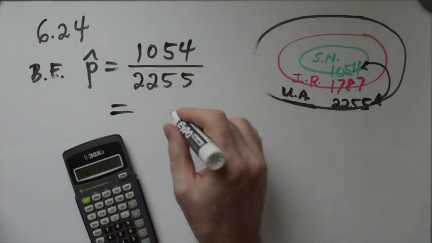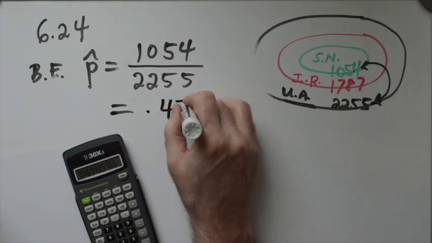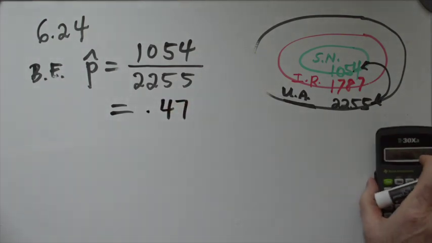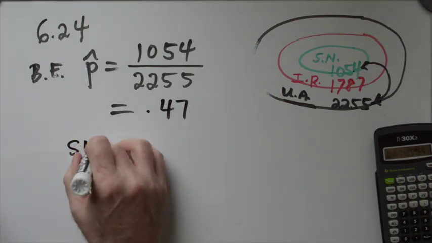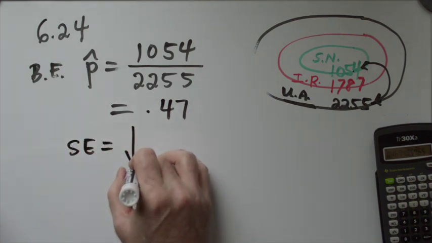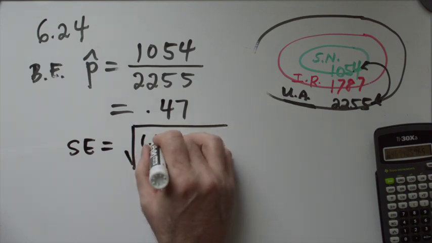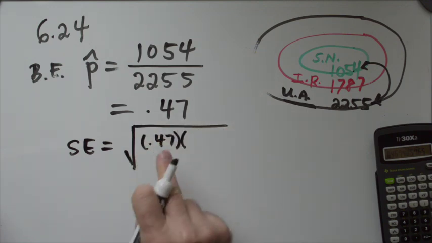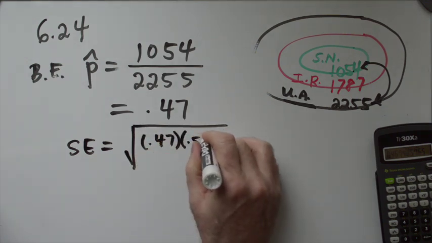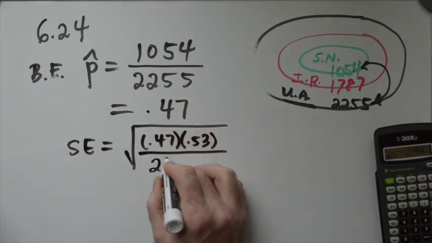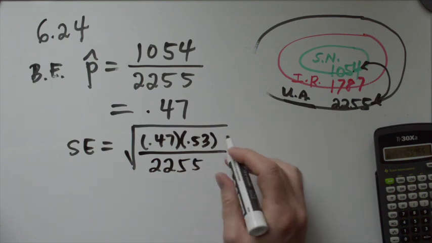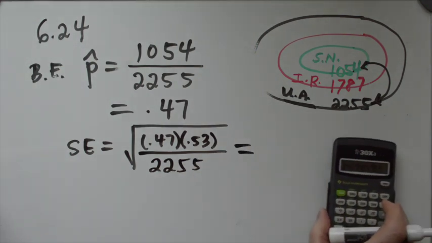Let's call it 0.47, so about 47% in the sample. The SE that goes along with that, according to our theory, is going to be the 0.47 times the complementary 0.53 divided by the sample size, 2,255.